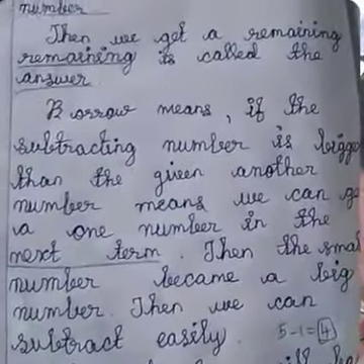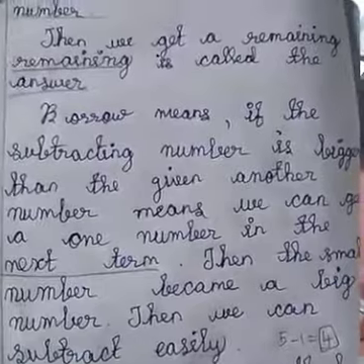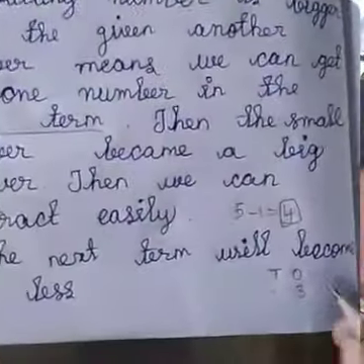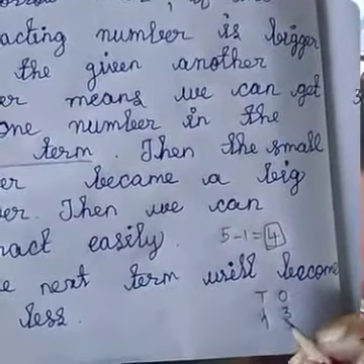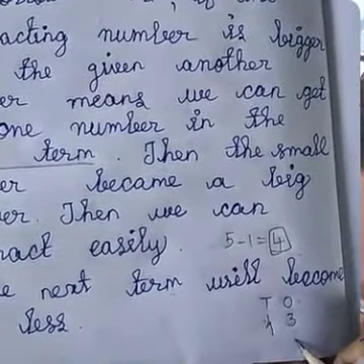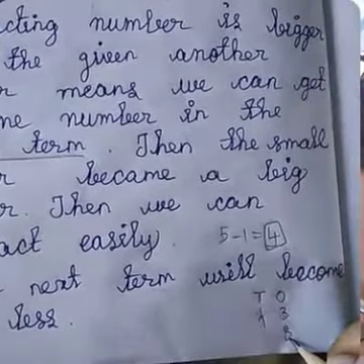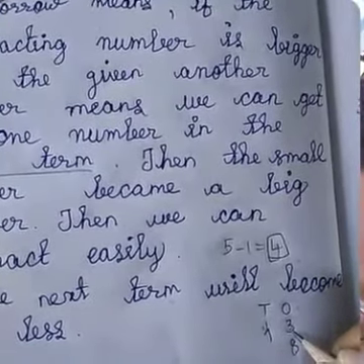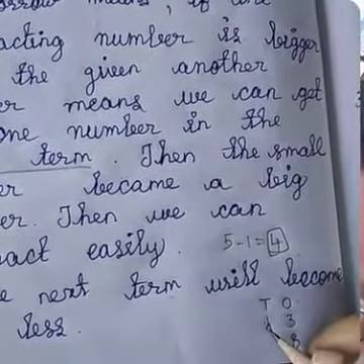For example, see, ones column and tens column. Here 3, here 8. The second number is bigger than the first number, so we cannot subtract. So we borrow one from the tens column.